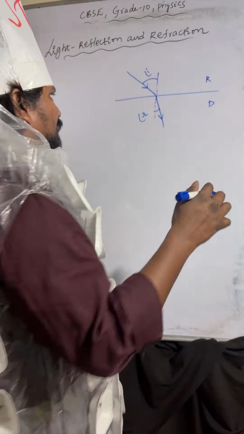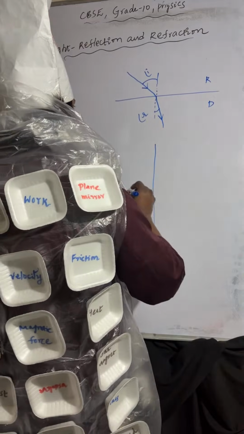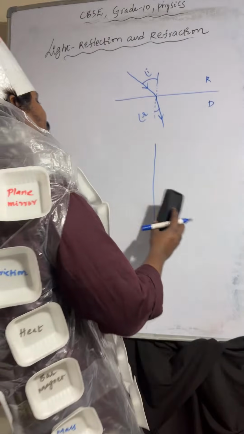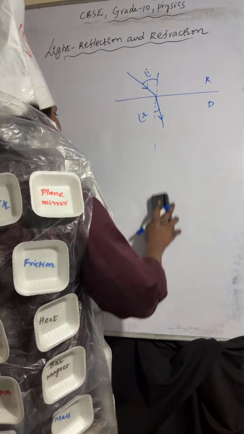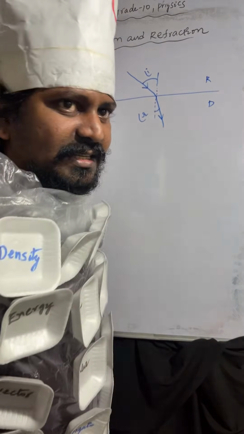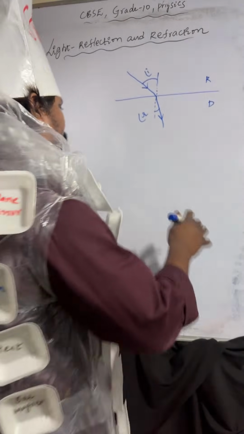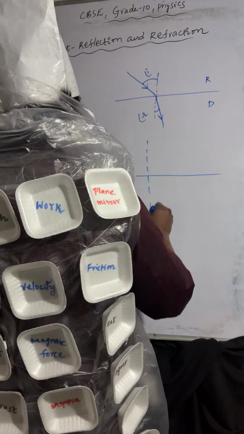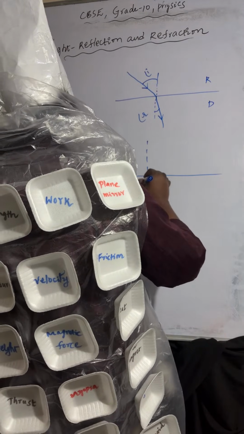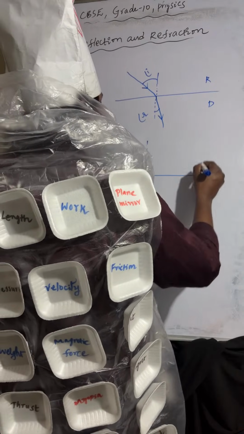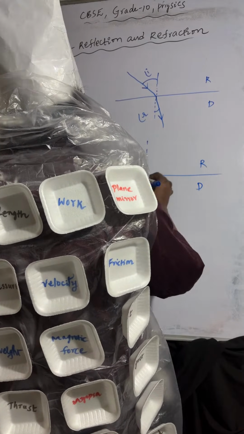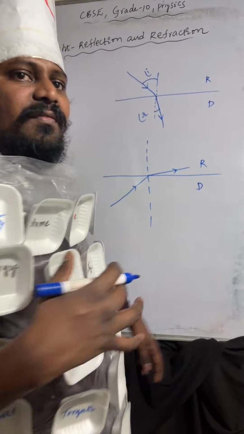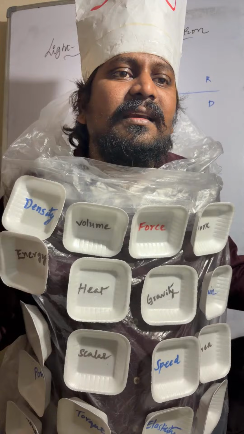And one more thing. Here you can observe: when a light ray is passing from rarer to denser, it bends towards the normal line. If it is passing from denser to rarer, the light ray moves away from the normal line.